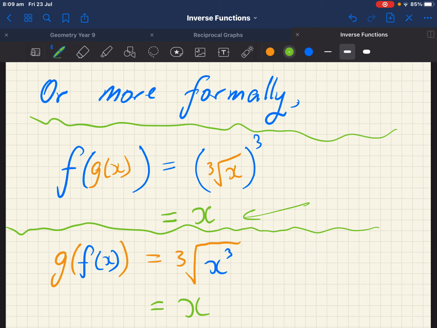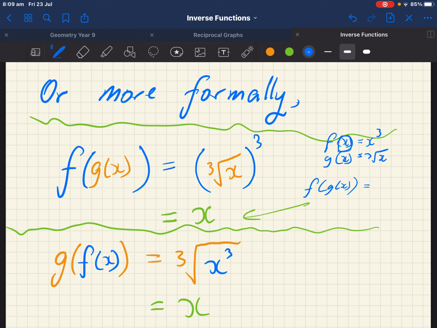In the first composite function, we have f(g(x)). f(x) was x cubed, and g(x) was the cube root of x. So f(g(x)) basically means you've got the f function, and we're replacing x with g(x).